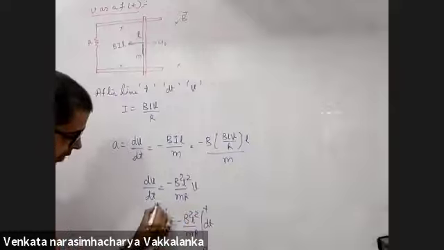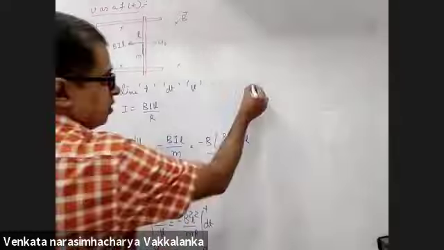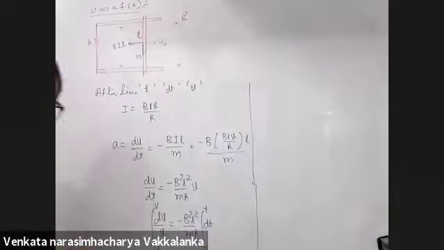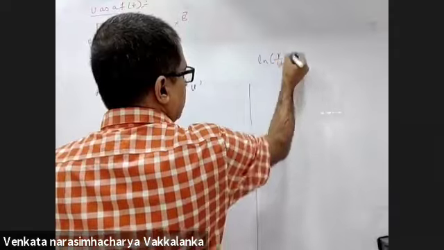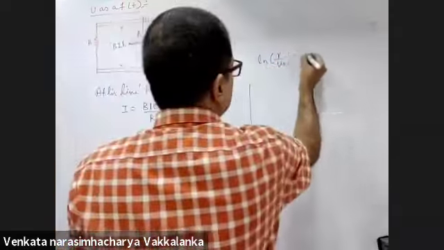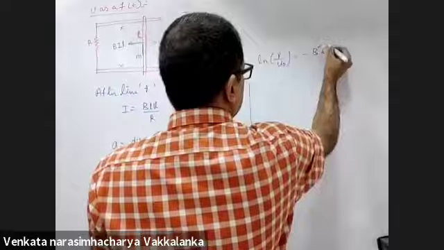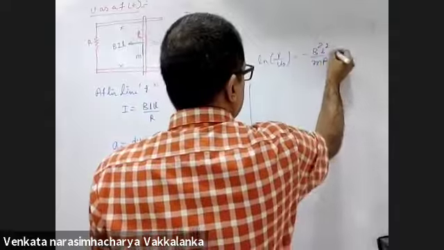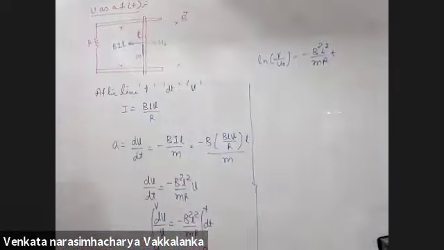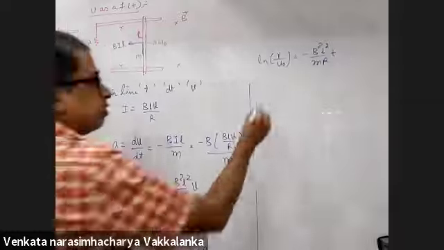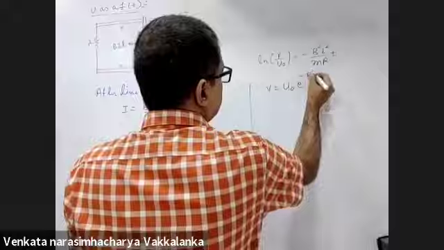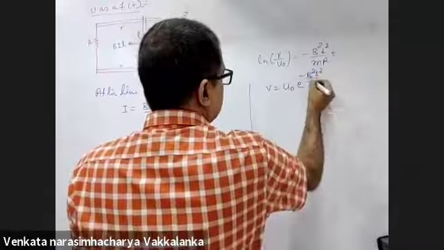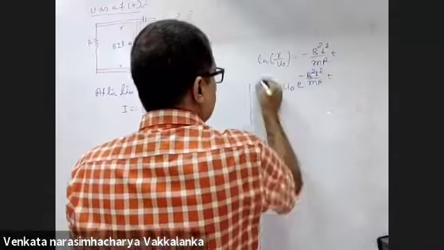At time t equal to t, I need the velocity as a function of time. This will be ln of v by u naught is equal to minus B square L square by MR into t. v is equal to u naught e to the power minus B square L square by MR into t.